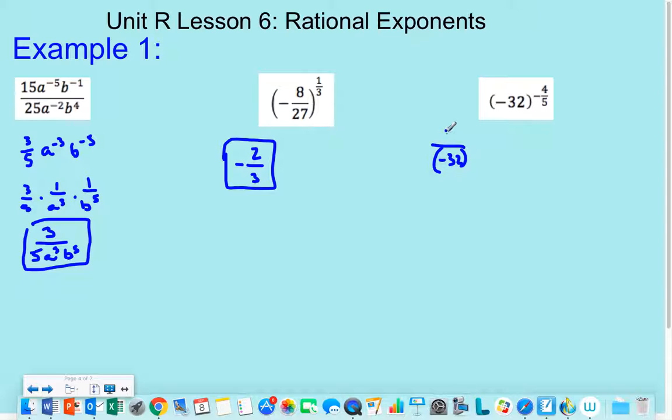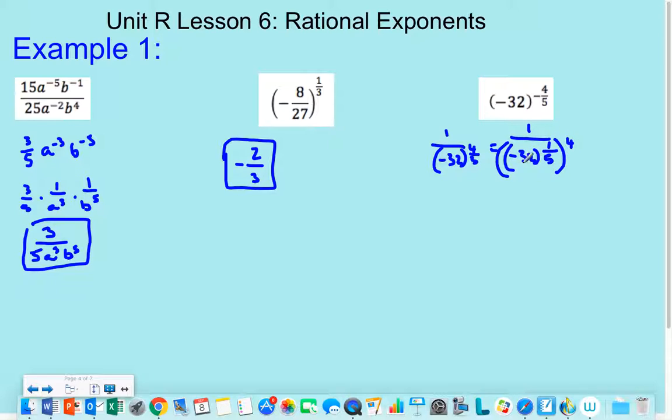We're going to turn this into a 1 over positive 4/5. Okay, so just applying that rule that we did over here. So we've got a positive exponent now, and now we'll take care of that. So we've got 1 over negative 32, and we're going to say over the 1/5, but then we're going to take all of that to the 4th power.